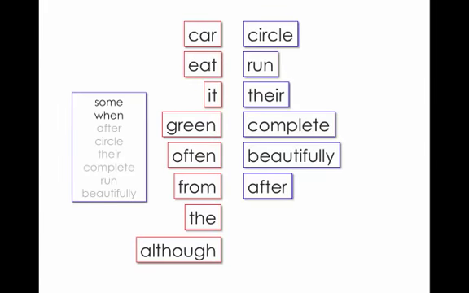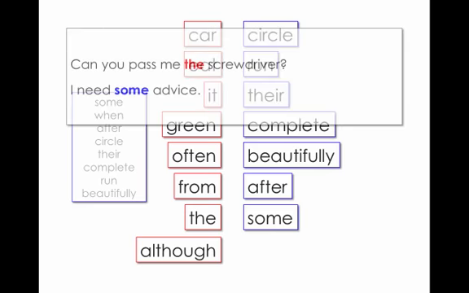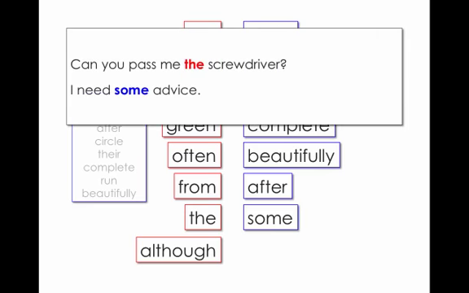The word that goes with the is some. Here are my examples. Now in this case, the book says that words belonging to this class, at least sometimes, describe or say something about, tell us something about which. I'll give an example.